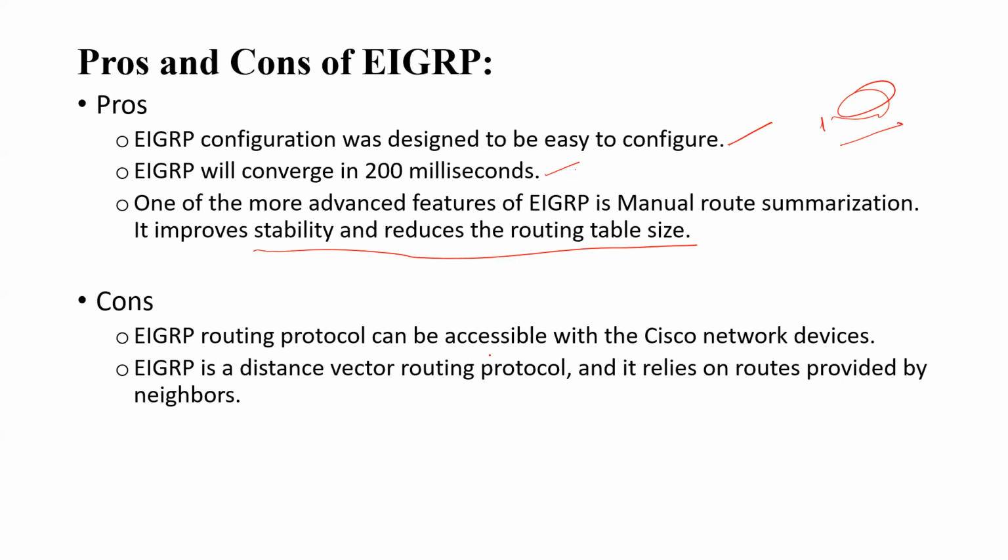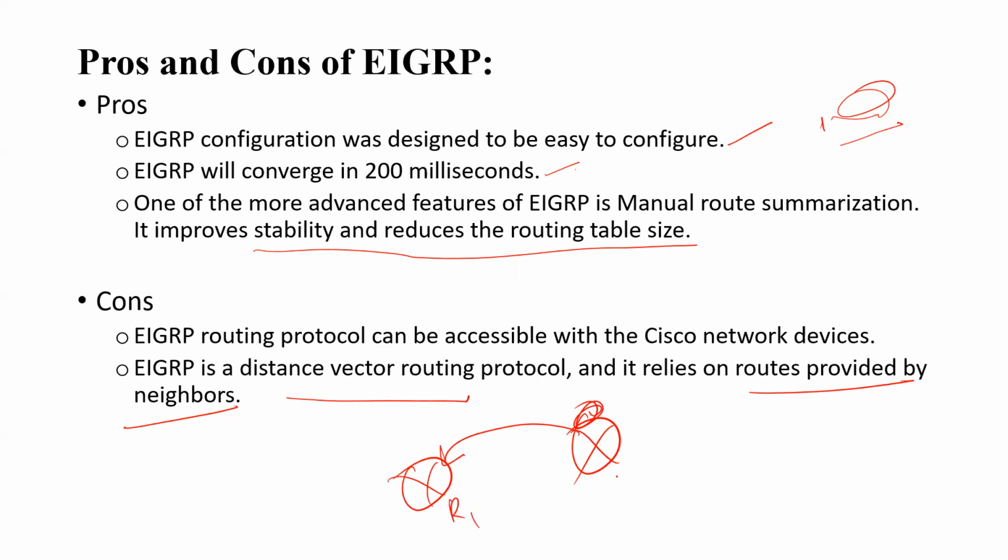So disadvantage is it is available for only Cisco network devices. And it is a kind of distance vector routing protocol. It relies on routes provided by the neighbors. So suppose we have the router, whatever route it is providing will be pushed to it, so R1 R2 is there.